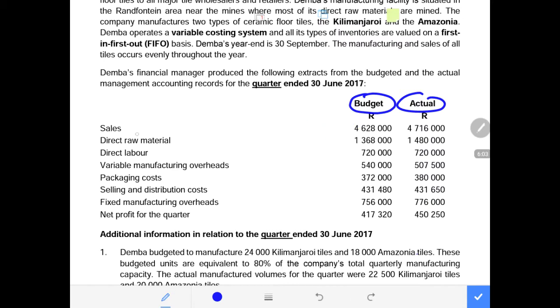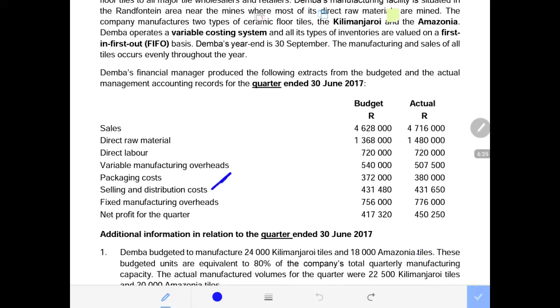We can see that we have our sales as 4,628,000 budgeted, and our actual sales are 4,716,000. So this is the information that is provided to us: direct material, direct labor, variable manufacturing overheads, packaging cost. We know that packaging cost will vary with the number of units that are manufactured. Then selling and distribution cost.